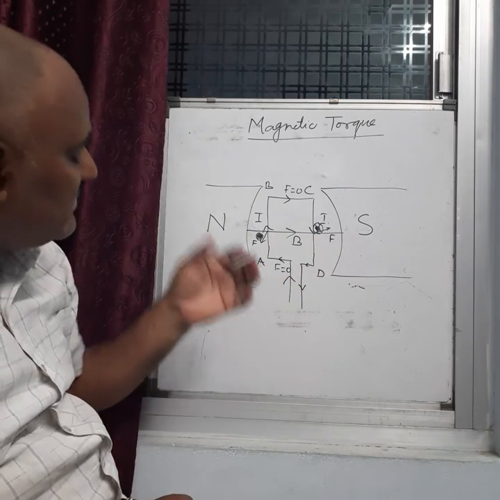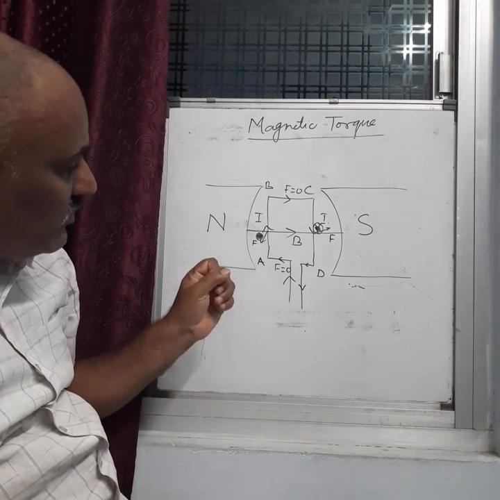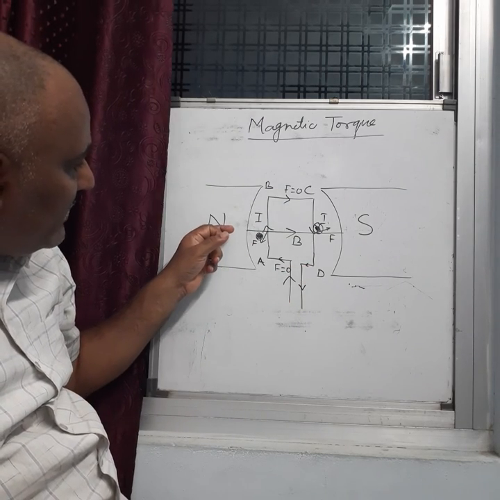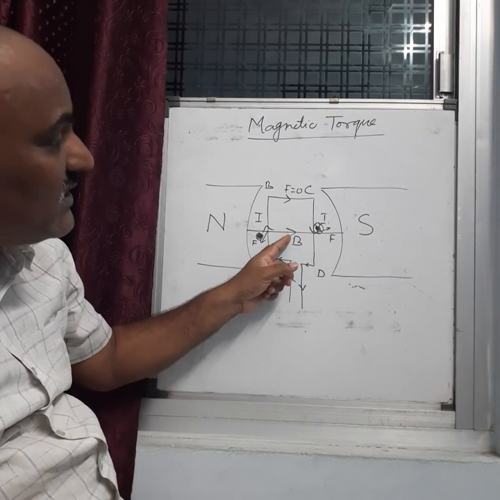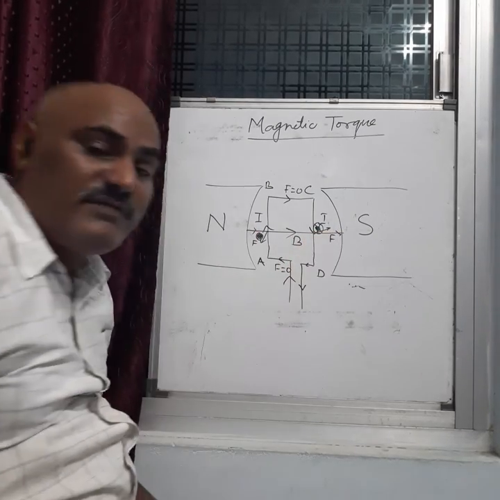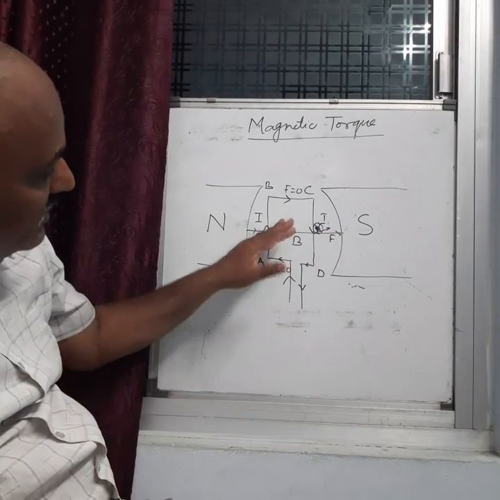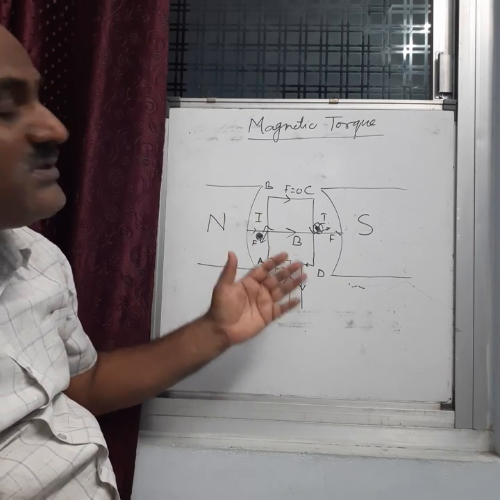The poles N and S are clear here. Now between the poles, one thing is clear: the magnetic field will act from north to south. So this B is the direction of the magnetic field. Now, in this magnetic field, a current-carrying rectangular loop is kept.